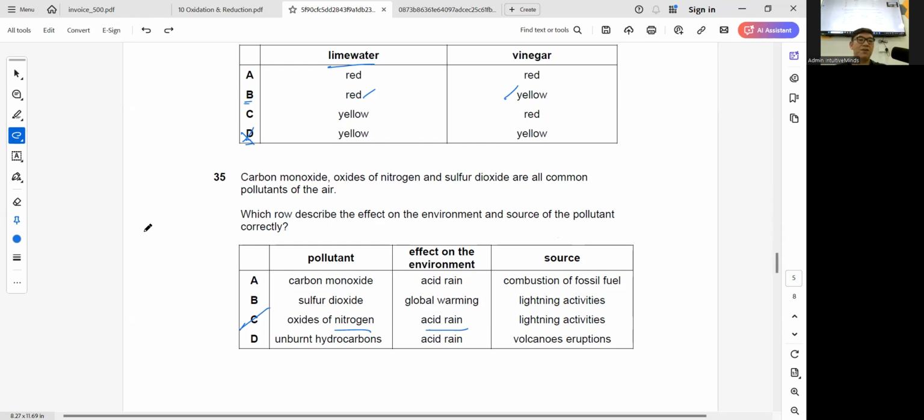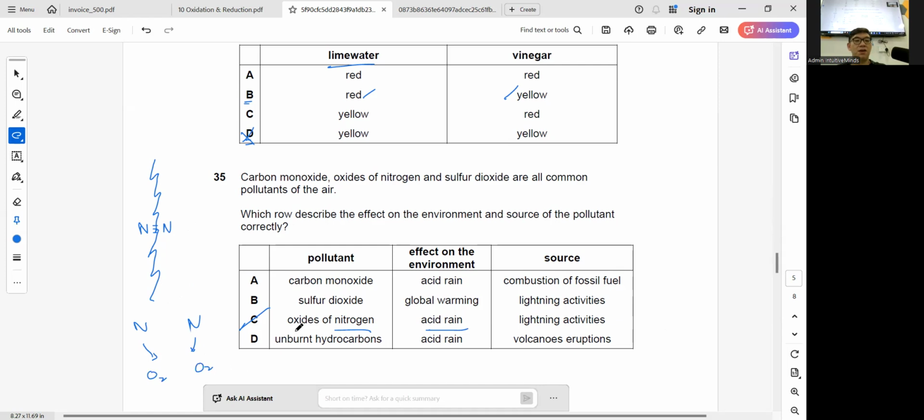Nitrogen molecules in the air have a very strong triple bond. When lightning strikes, it passes through the triple bonds, and you get very reactive nitrogen atoms that combine with oxygen to form oxides of nitrogen, nitrogen monoxide or nitrogen dioxide.